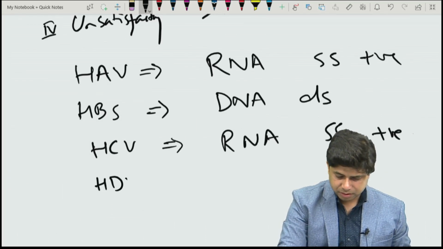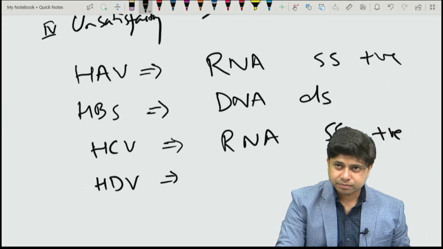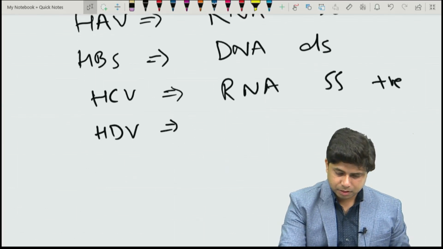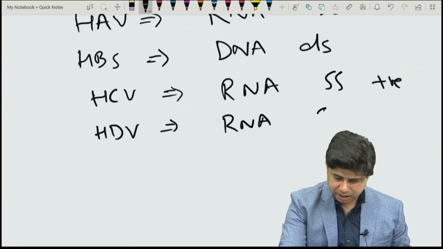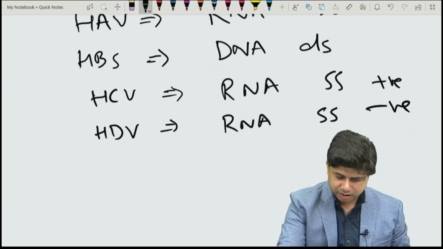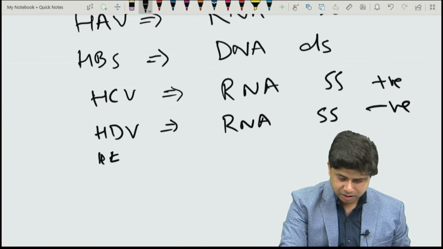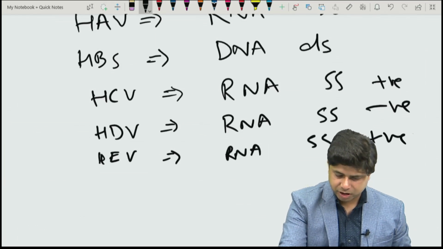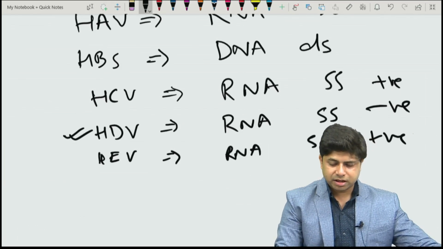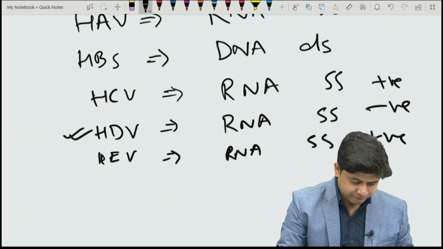HDV is RNA, single-stranded and negatively coiled, and HEV is RNA, single-stranded and positively coiled. So the only negatively coiled one is HDV, single-stranded RNA.